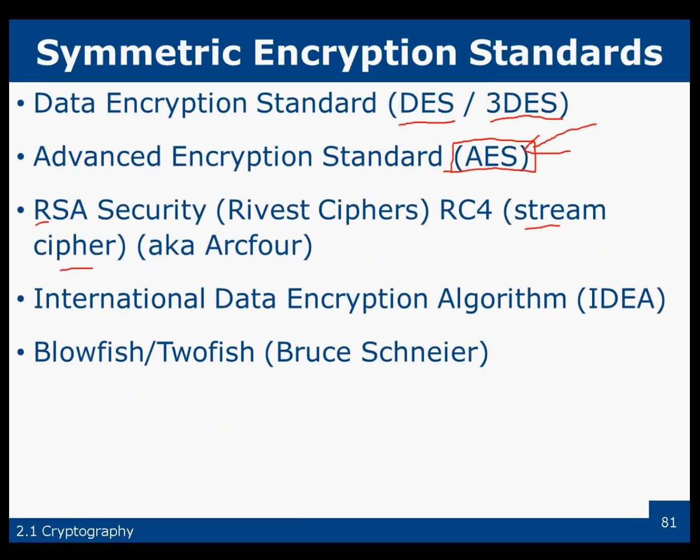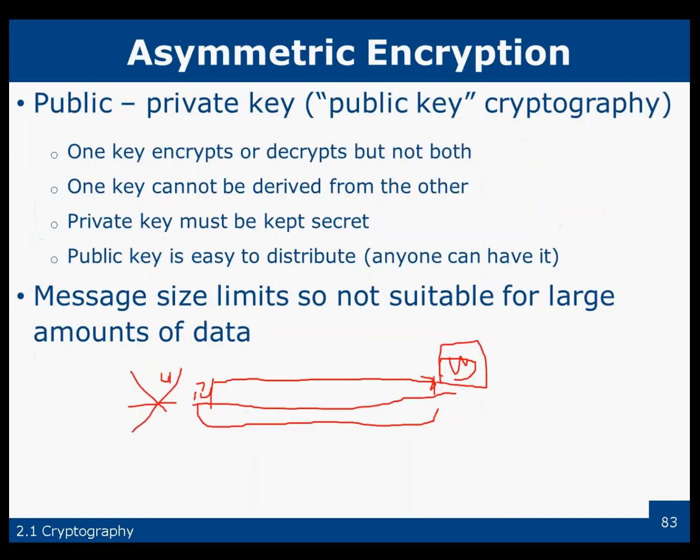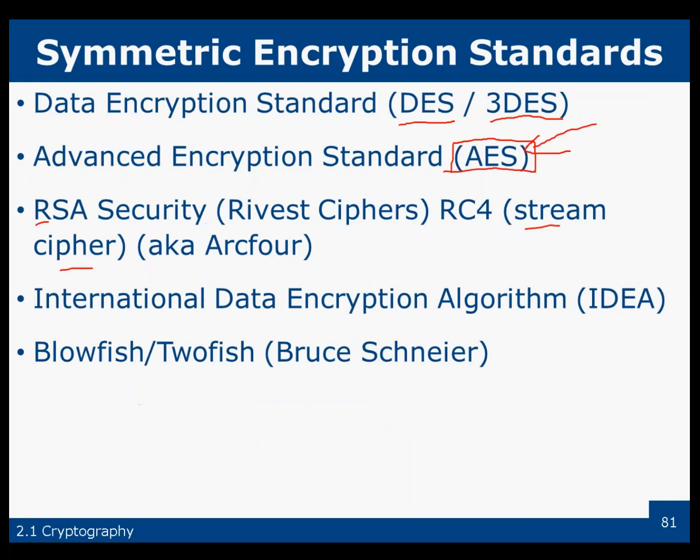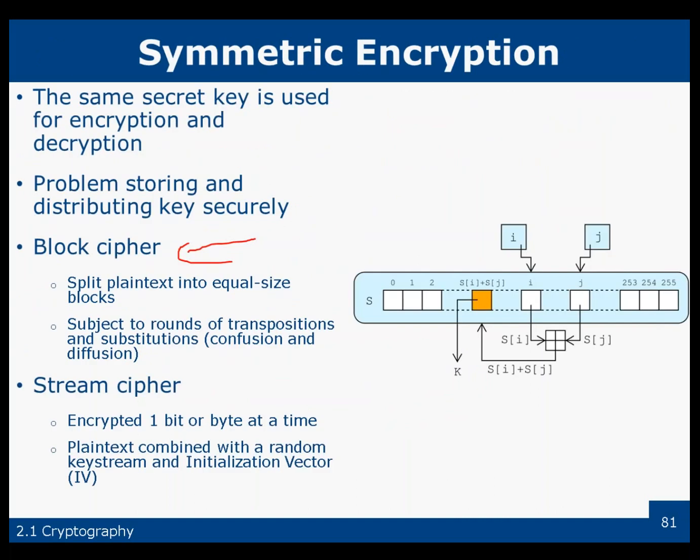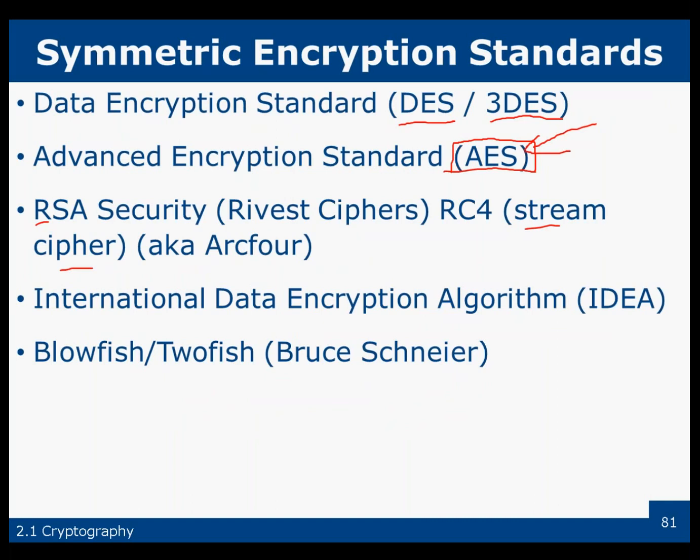What do we do with all of this? Symmetric and asymmetric, all of them. In the CIA of the world, what do they do? Basically like secret writing. Secret.